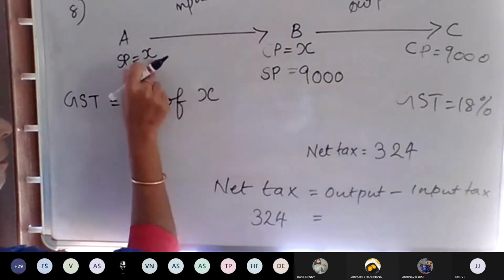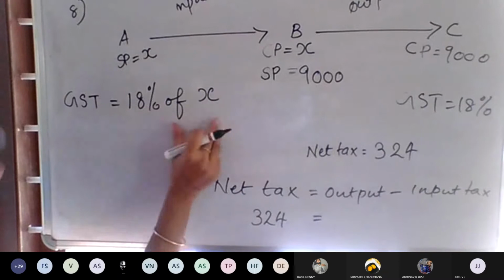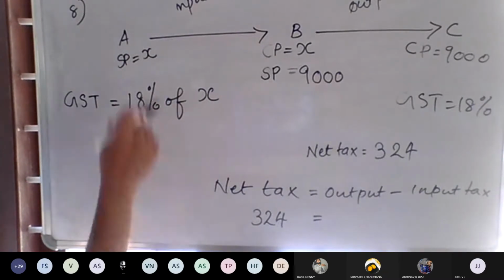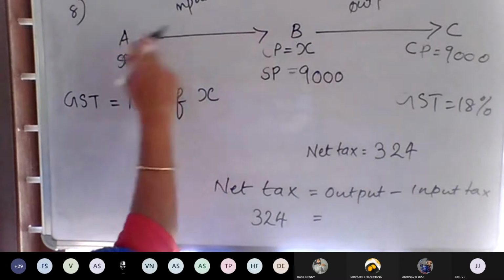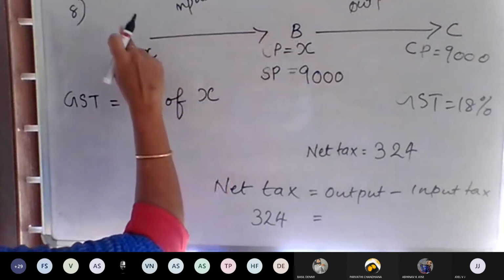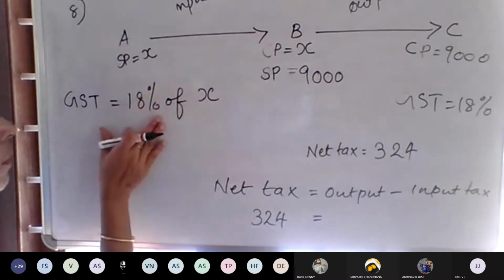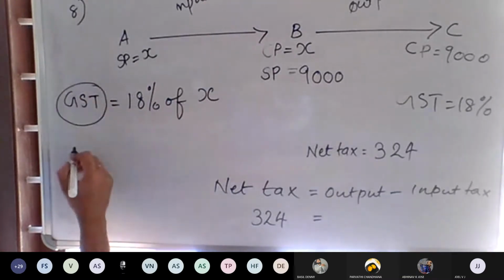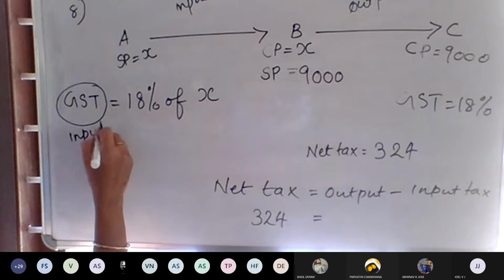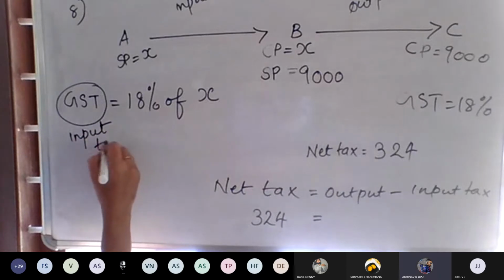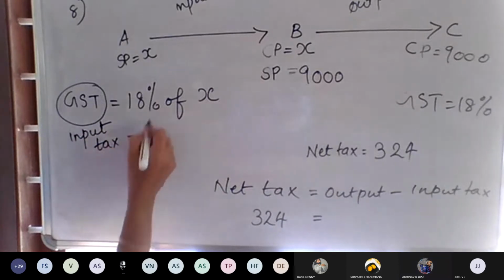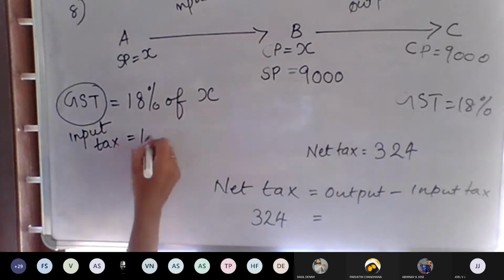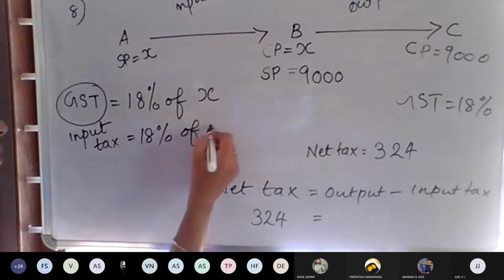The selling price is X, so GST will be 18% of X. That GST is known as which tax? Input tax. Input tax is 18% of X.